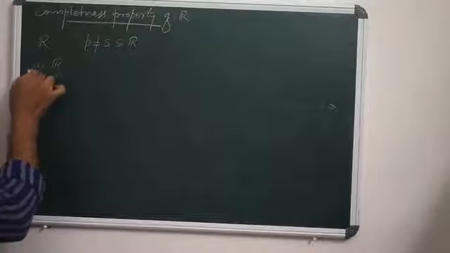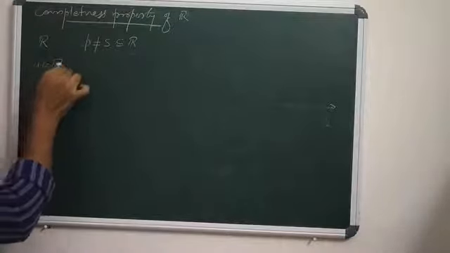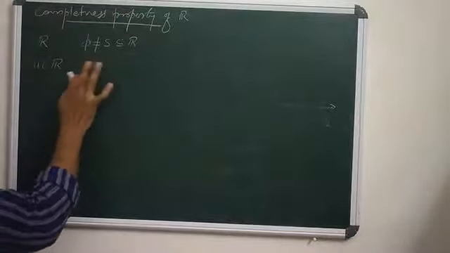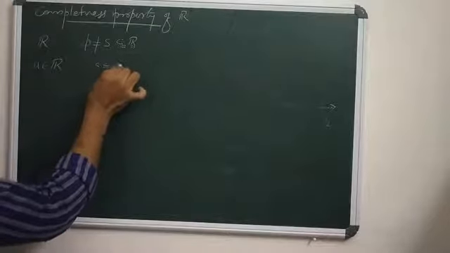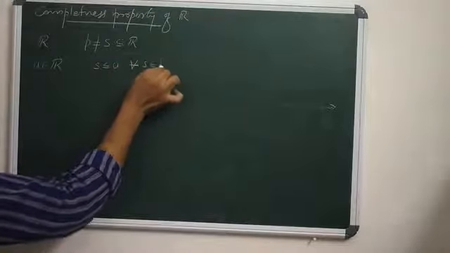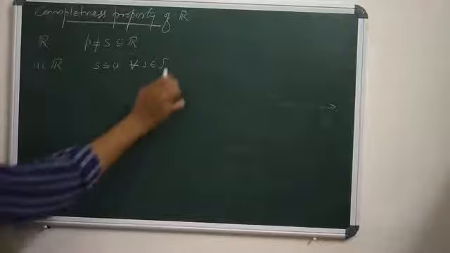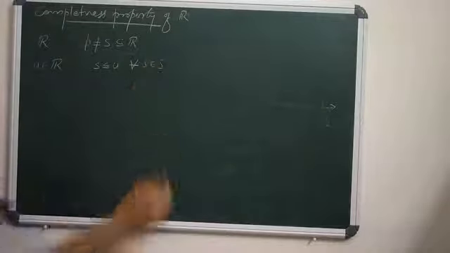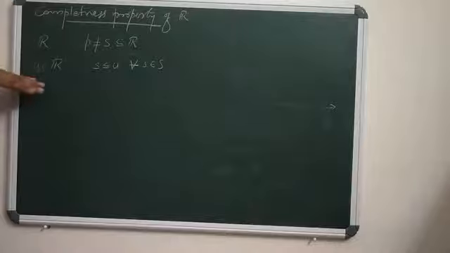If we choose this U in such a way that s is less than or equal to U for all s in S, where S is a non-empty subset of R and U is a real number.